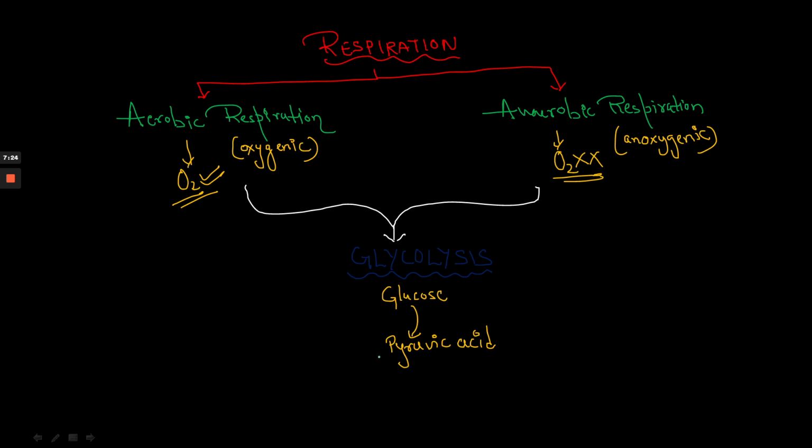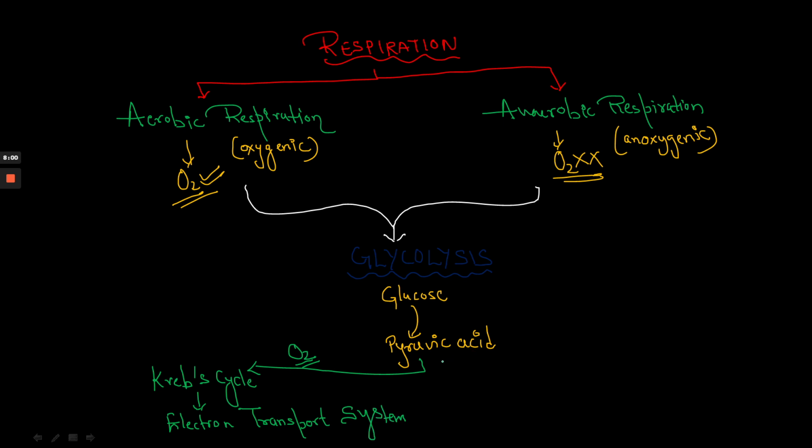If oxygen is present, it is going to be aerobic respiration. So the very first step in aerobic respiration is glycolysis, which will be followed by Krebs cycle, and then the electron transport system.